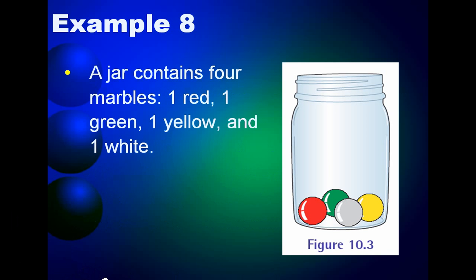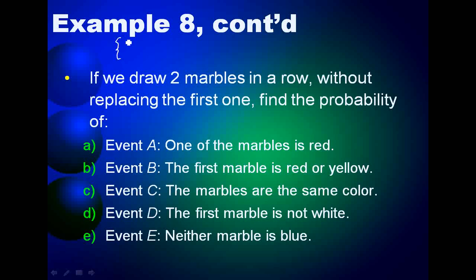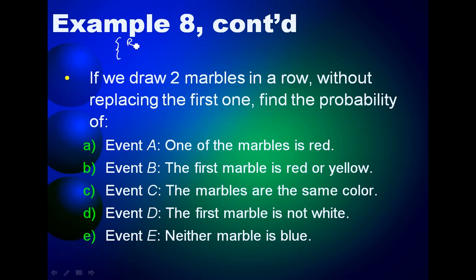Alright, so we have a jar that contains 4 marbles. 1 is red, 1 is green, 1 is yellow, and 1 is white. And we want to draw 2 marbles without replacing the first one, and we want to find the probability of each. So we could have the sample space: red, and it's without replacement, so red green, red yellow, red white.